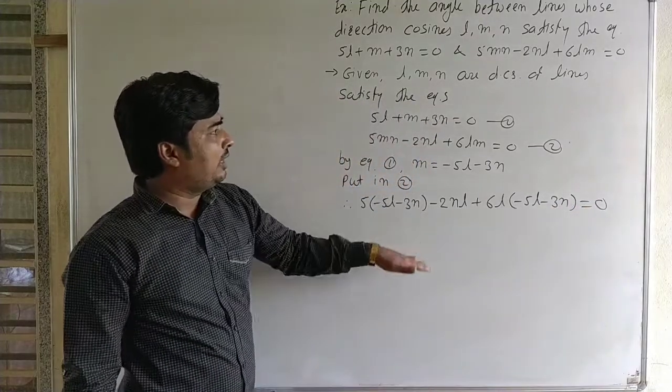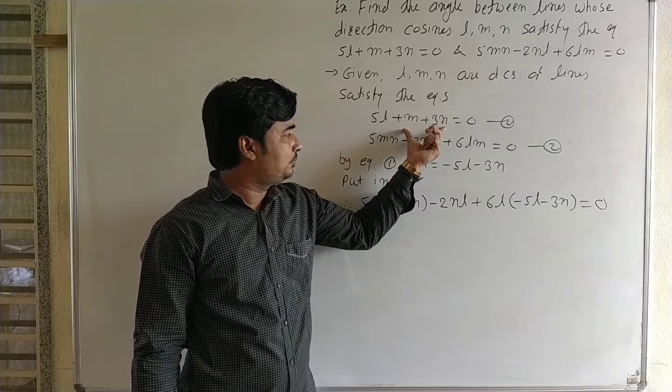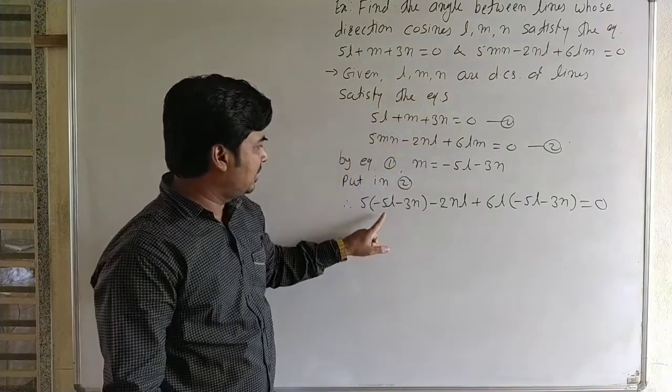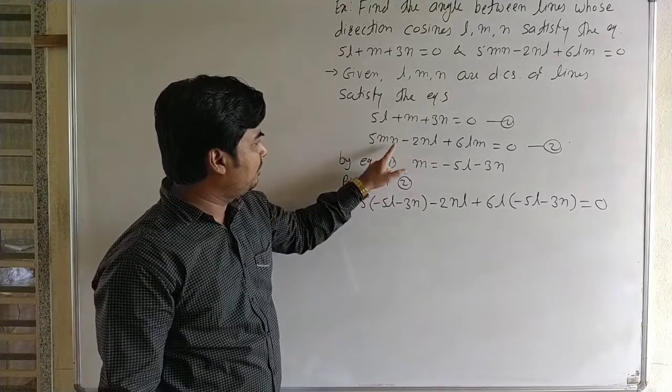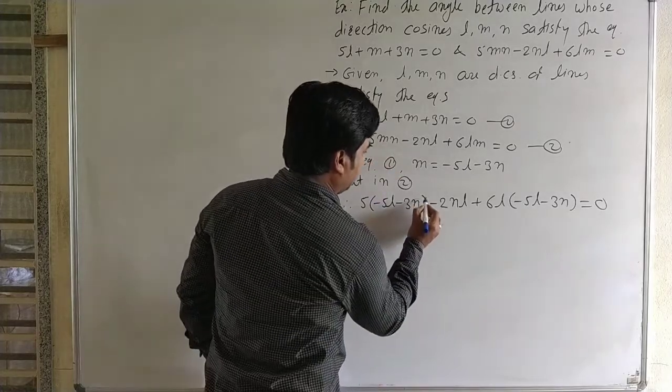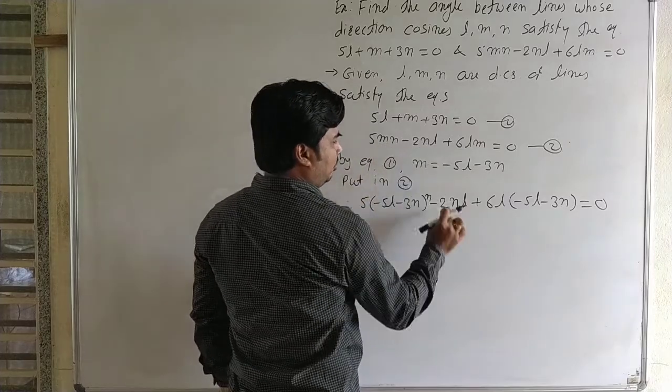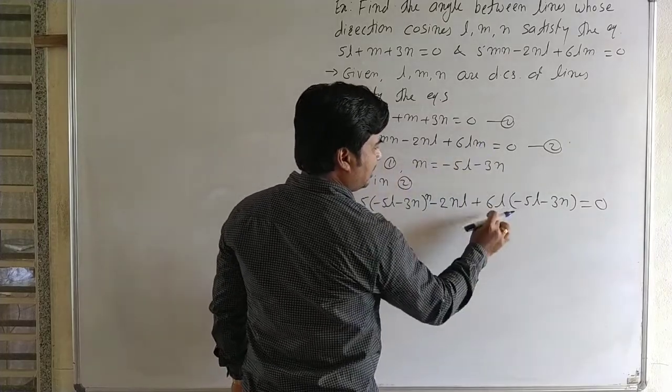Here we find the value of M and put it in this equation, so 5MN, minus 2NL, 6LM.